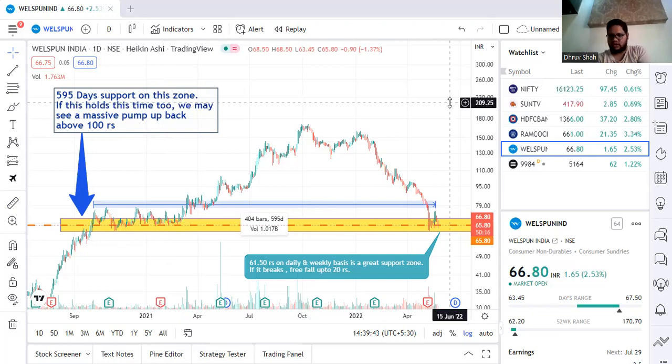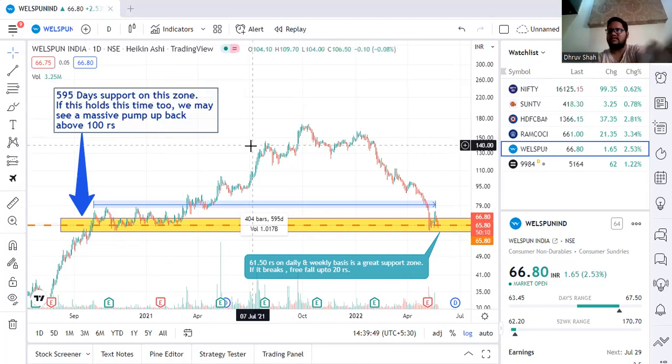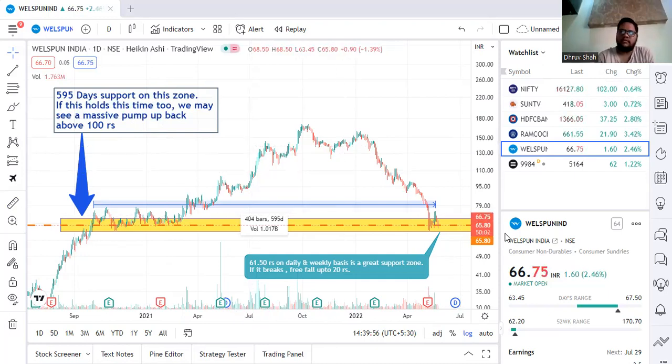In the very short term we can't say, but in the medium term, 6 to 9 months, we can see the price above 100 rupees. Currently the price is 66.75. If we count 100, it comes to around 45 to 50% increase in your return if you buy the shares. If you don't buy it, you won't earn anything. If you buy, you will earn.